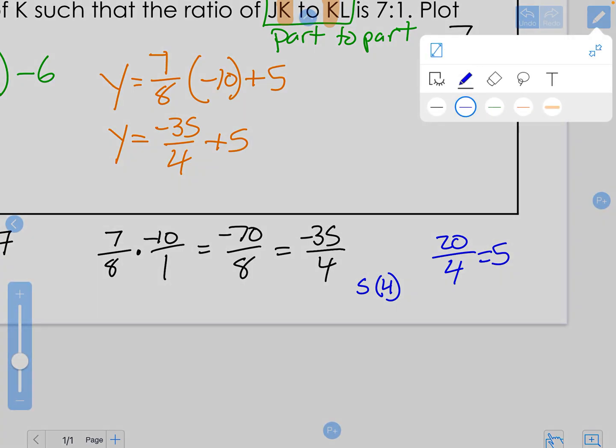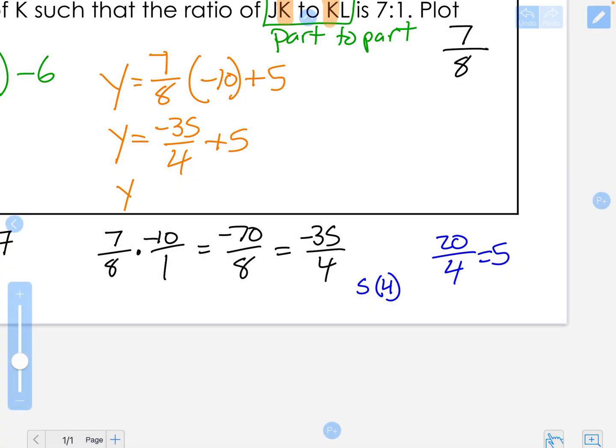So now I'm going to rewrite this problem as y equals a -35/4 plus 20/4. And so a -35 plus 20 is a -15 all over 4. And I know that 15 divided by 4 is almost 4.